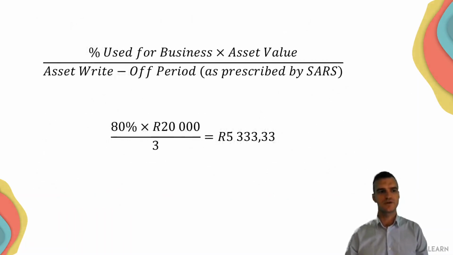If we look at the formula, because she uses the laptop 80% of the time for work, she multiplies the value of the laptop by 80% and divides that by 3, which is the prescribed write-off period for a laptop.